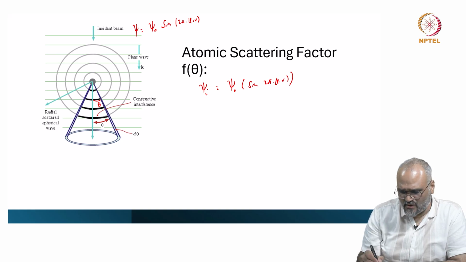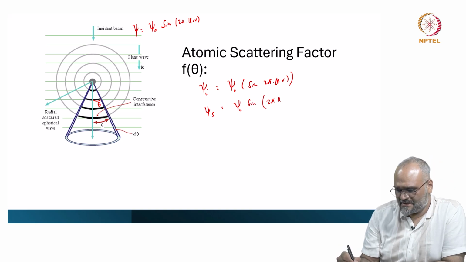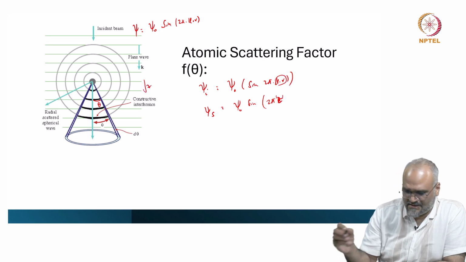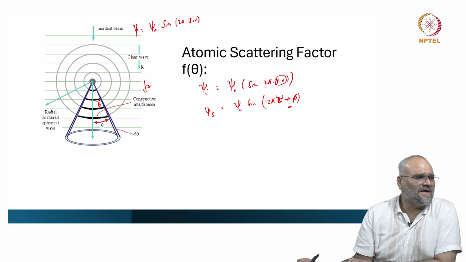When it undergoes scattering, if I say psi s is the scattered beam, I have psi naught sine 2 pi k dot r. If I write this k dot r as some z in the z direction of the electron beam, I can introduce a phase shift of, say, a small angle phi.